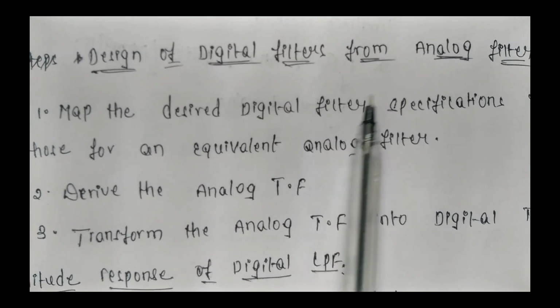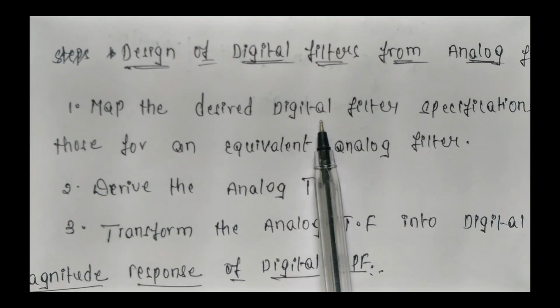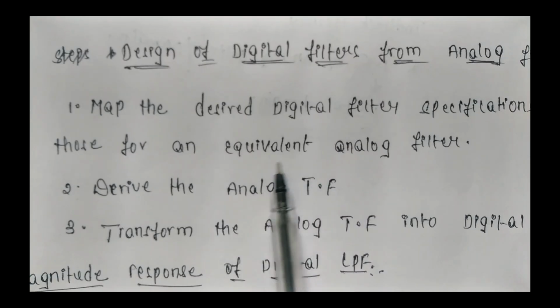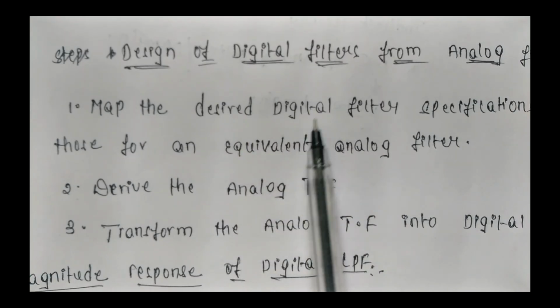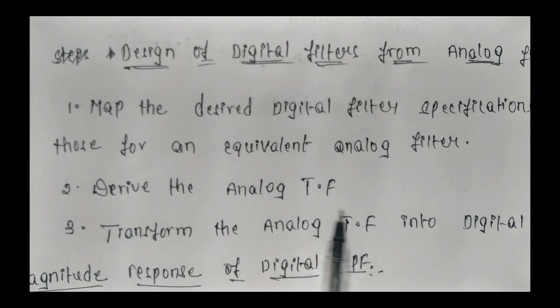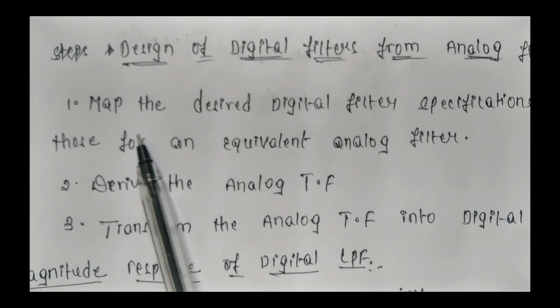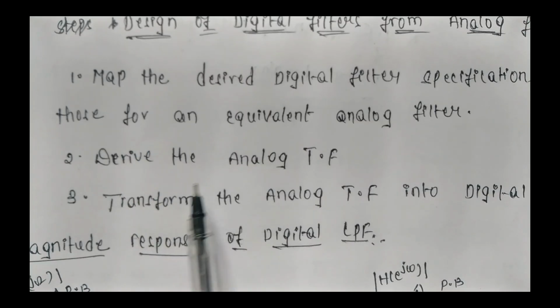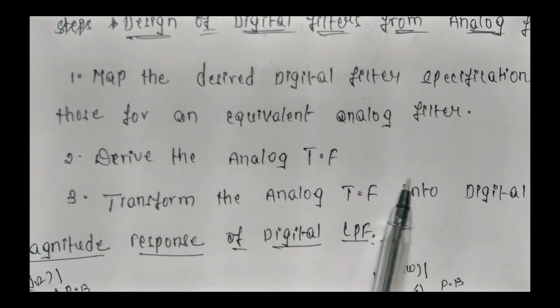So let us see the designing steps and how we are going to design the digital filters from the analog filters. First of all, we have to map the desired digital filter specifications to those for an equivalent analog filter. Then you have to derive the transfer function in the analog domain. Then you have to convert the transfer function of the analog filter into the digital domain.